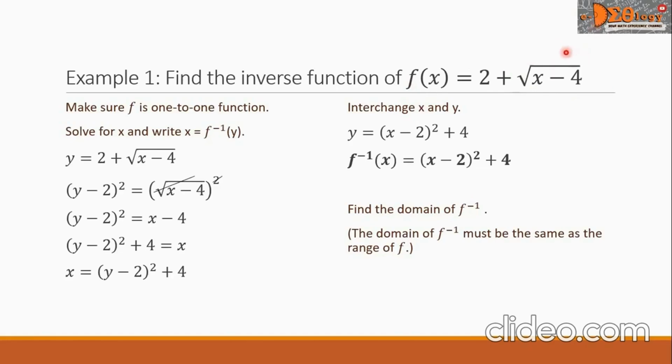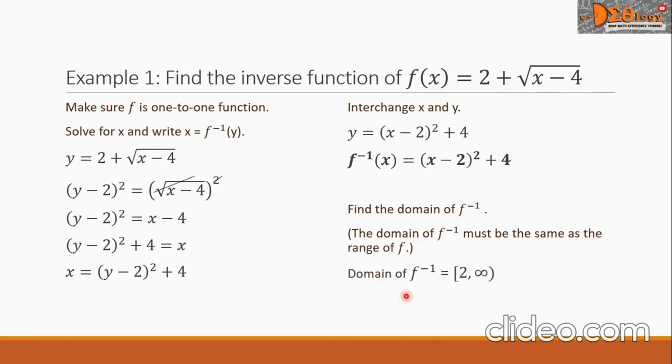So it means to say, if the radical is 0, the value of f of x will start from 2 and it will increase when the radical is increasing. So the range of this function starts with 2 and goes to positive infinity.